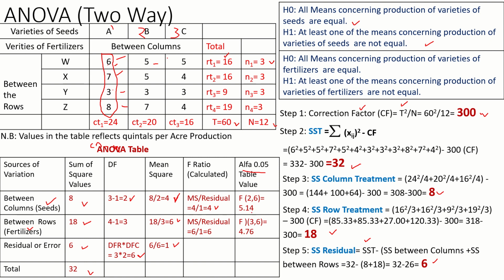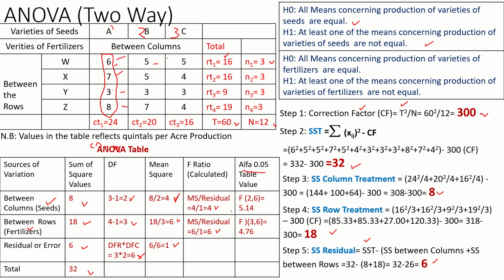Referring to the table, we get 5.14. I will also show you the table. Similarly, for degrees of freedom 3 and 6 we get the table value 4.76. The calculated F values are 4 and 6.